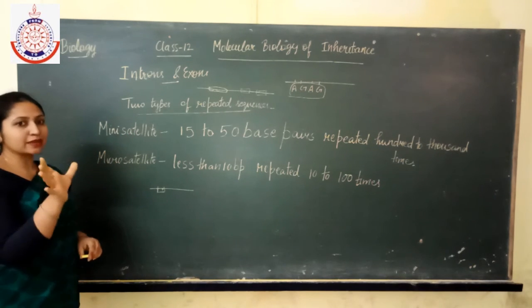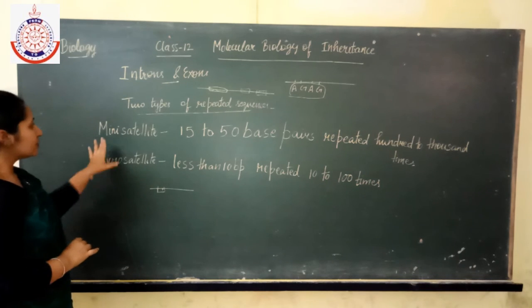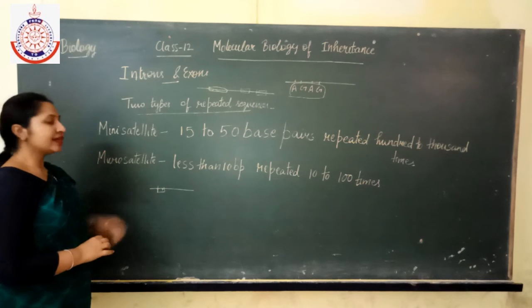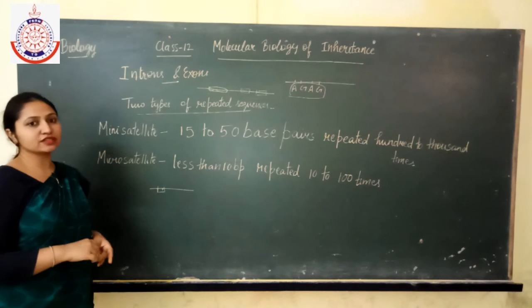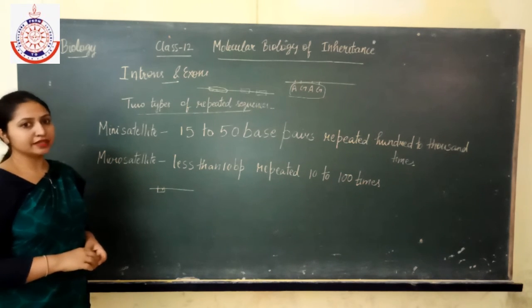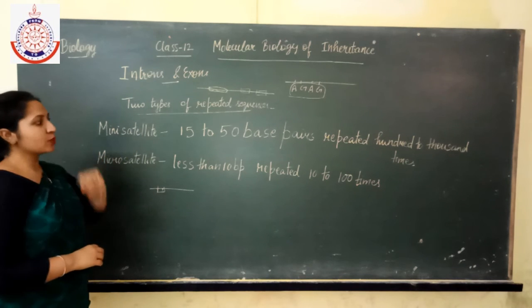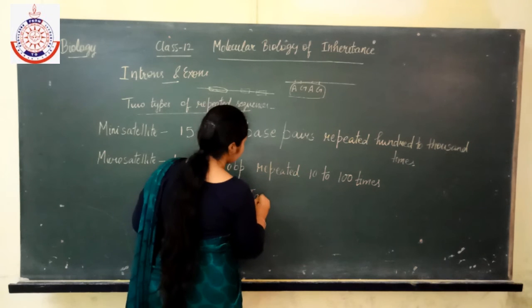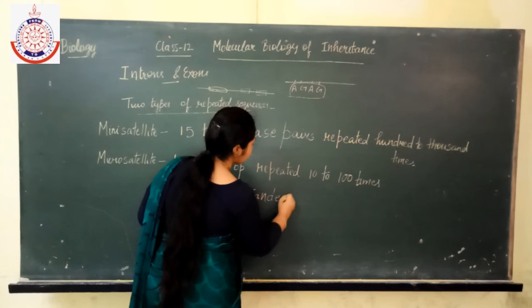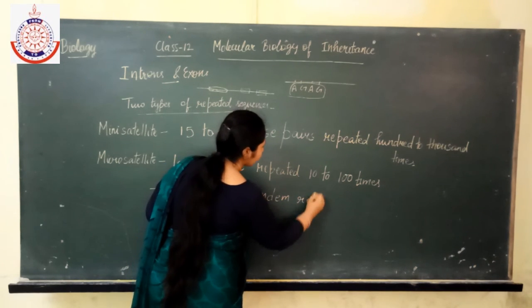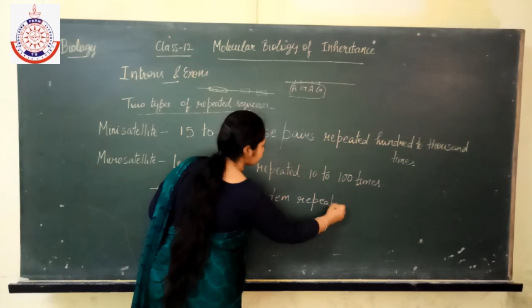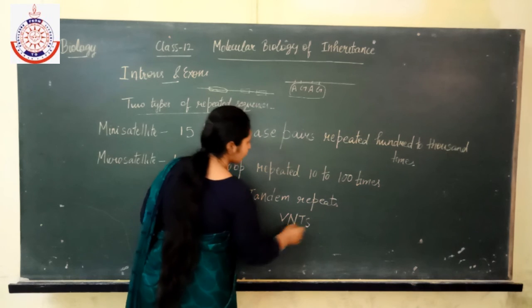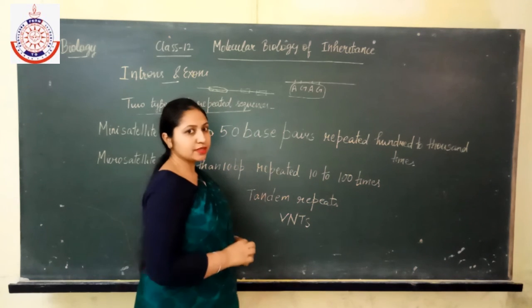If any segment of DNA contains the minisatellite and the microsatellite, then that segment is known as satellite DNA. And these repeated sequences are also known as tandem repeats, or you can say VNTRs, variable number of tandem repeats.